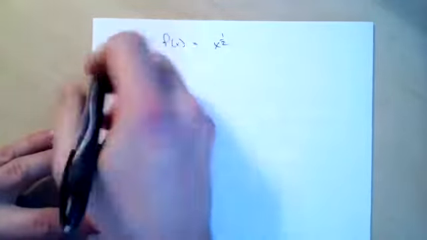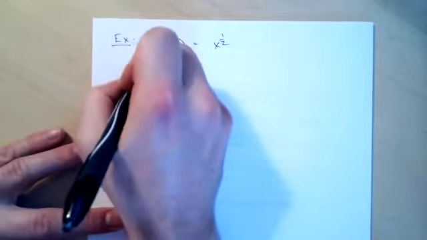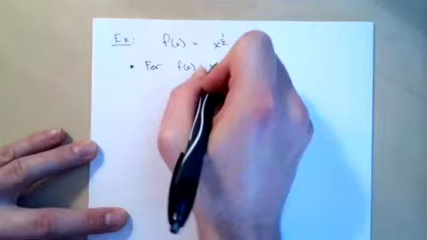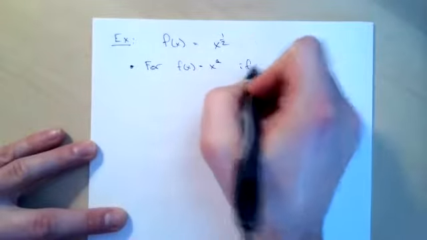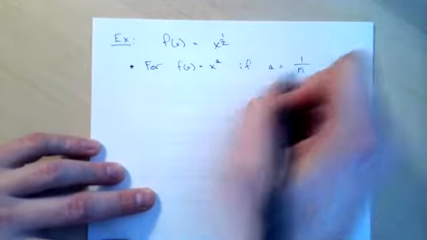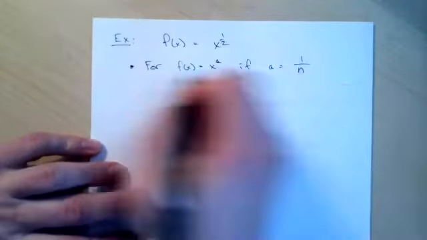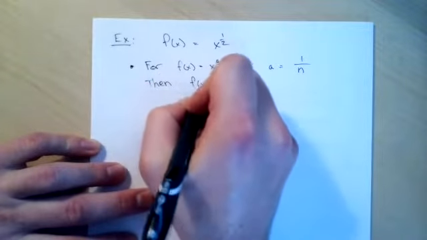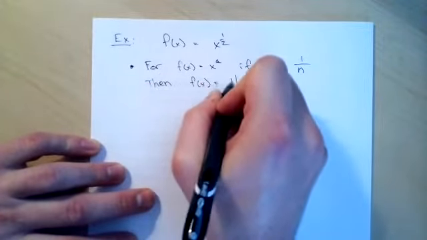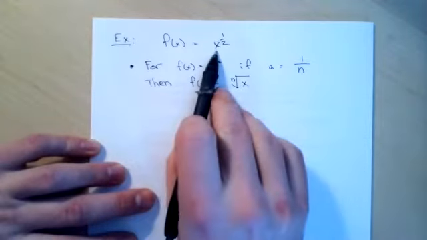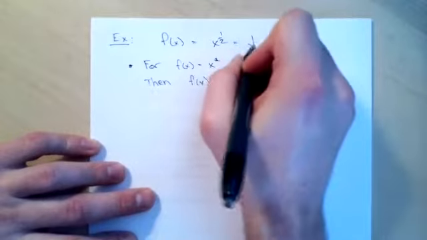And so we commonly think about this that, for f of x being a power function x to the a, if a is equal to 1 over n, where n is an integer, then this corresponds to the nth root of x. So our x to the 1/2 corresponds to the square root of x.